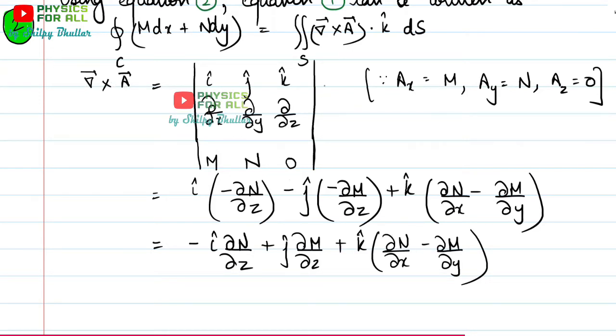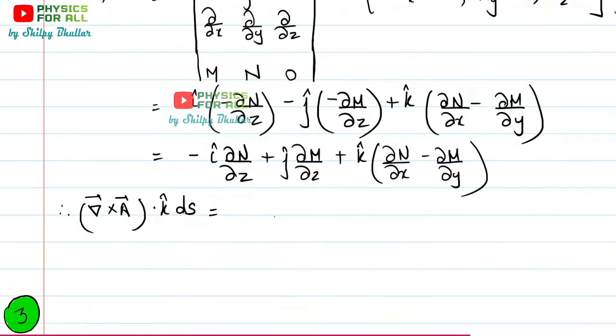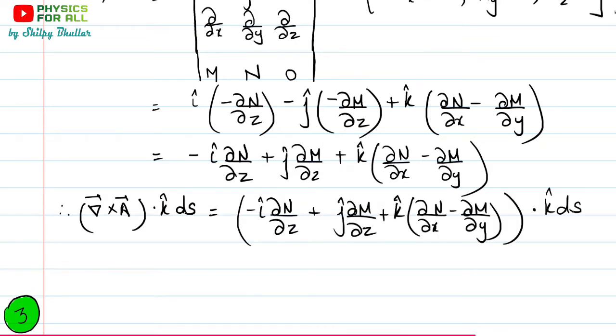Now you can see here we have this del cross A, which has a dot product with k cap and then ds. Now we have to find the value of this dot product. So this whole expression would have a dot product with k cap ds. You know about the dot product, only the same components interact with each other. Here we have only the k cap.